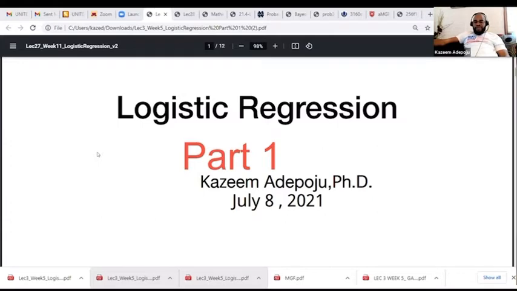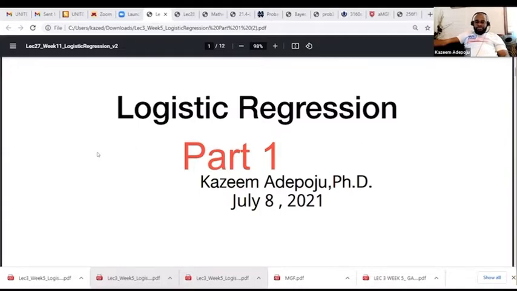What determines whether we're going to use logistic regression or linear regression depends on the nature of the response variable. When the response variable is continuous, we're going to use linear regression.